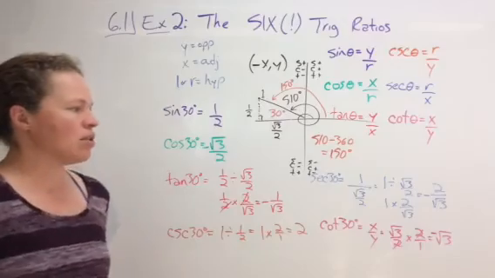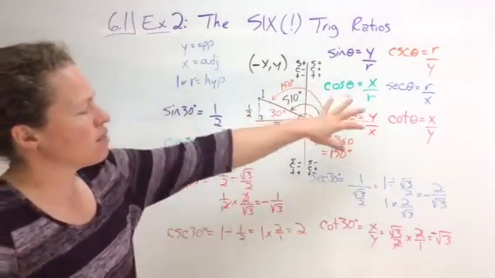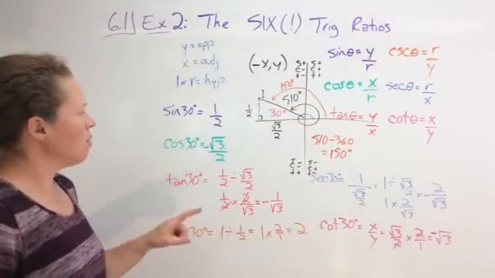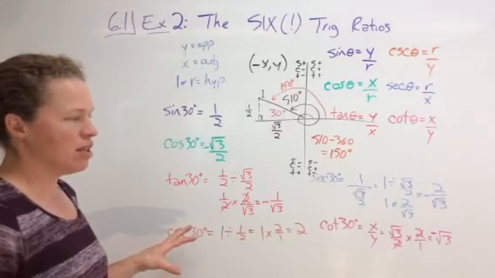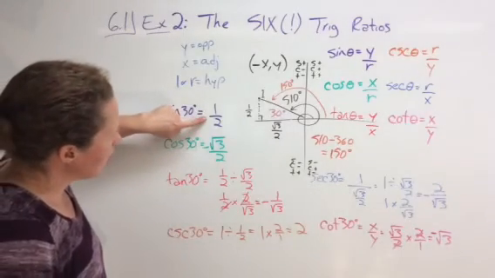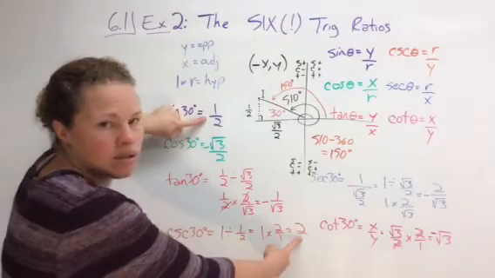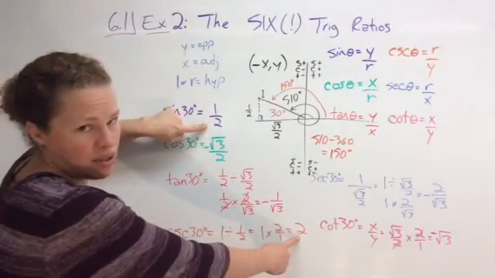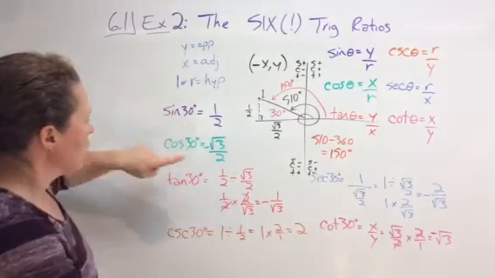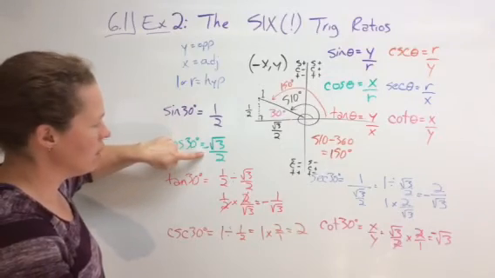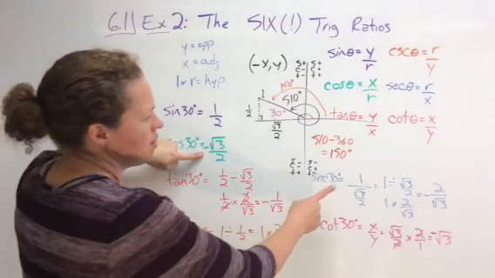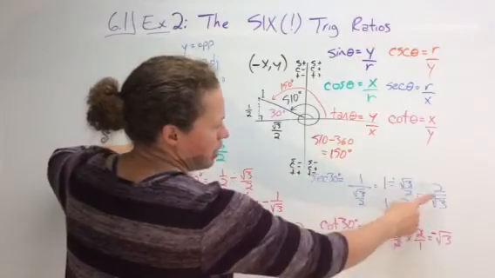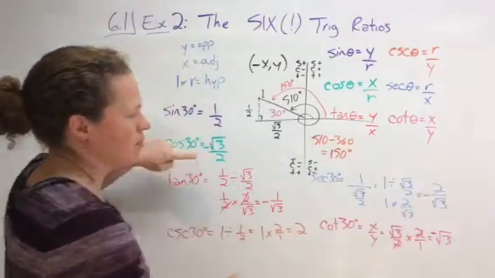Now the last thing I want to draw to your attention is, I said these things were reciprocals. And we can check, now that we've put the values in, and compare them. So I have 1/2 and 2. 2 is 2 over 1, so 1 over 2, 2 over 1, they're just flipped. Cosine, negative root 3 over 2, is the flip of secant, and it's negative 2 over root 3.